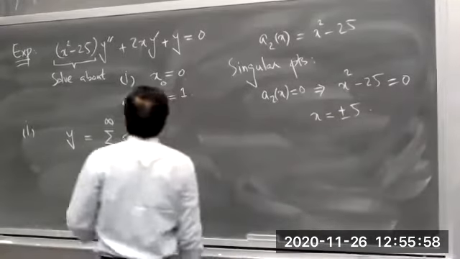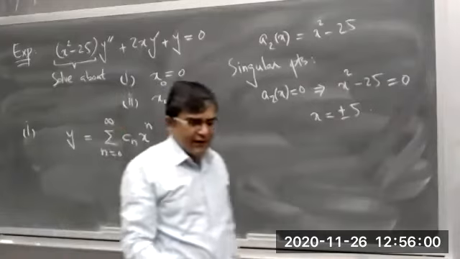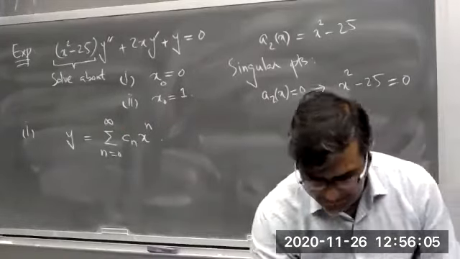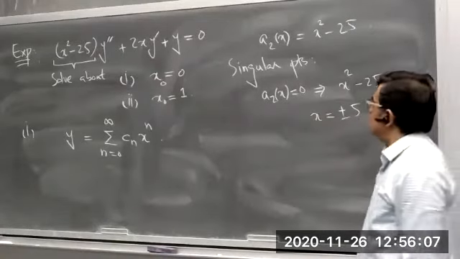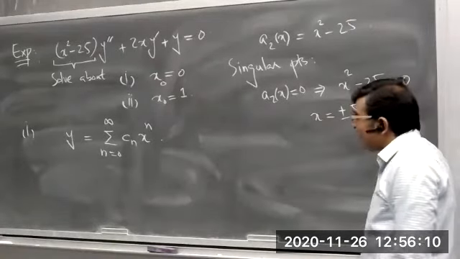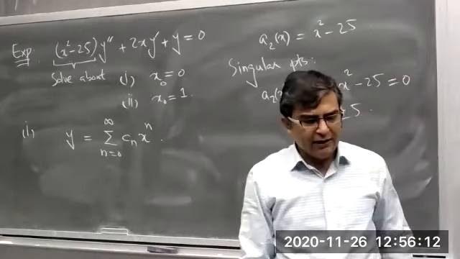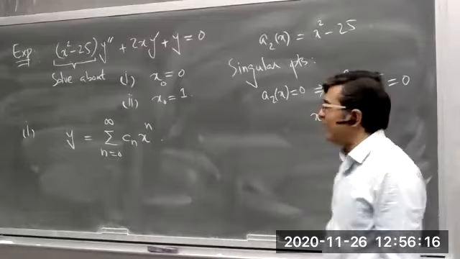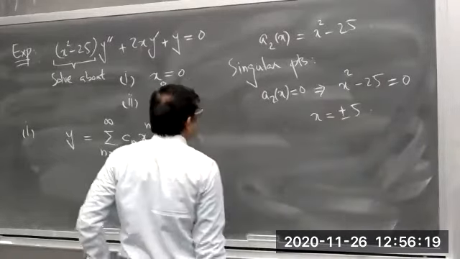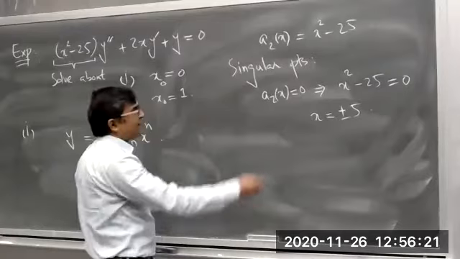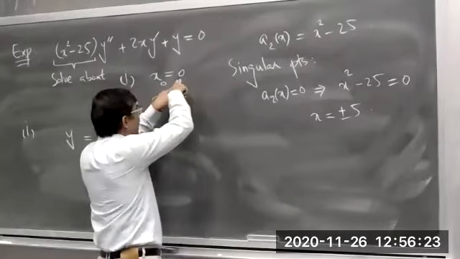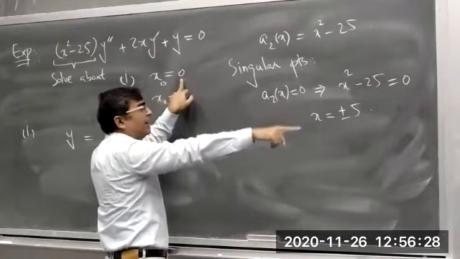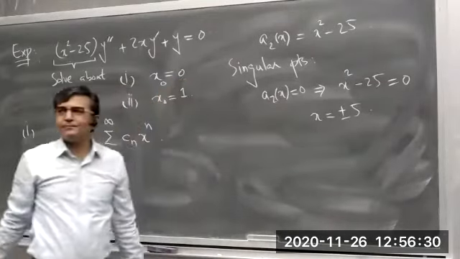That theorem, which we discussed in the previous lecture, tells us that the radius of convergence of any power series solution of the given differential equation is at least the distance from this ordinary point, x naught, to the nearest singular point.